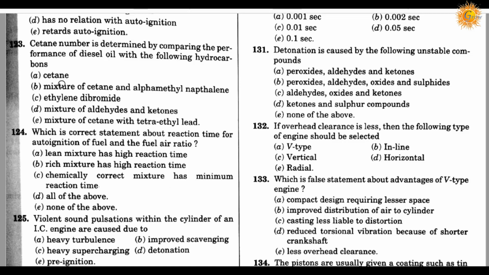Option A, cetane, option B, mixture of cetane and alpha methyl naphthalene, option C, ethylene dibromide, option D, mixture of aldehydes and ketones, option E, mixture of cetane with tetraethyl lead. So the correct answer is B, mixture of cetane and alpha methyl naphthalene.